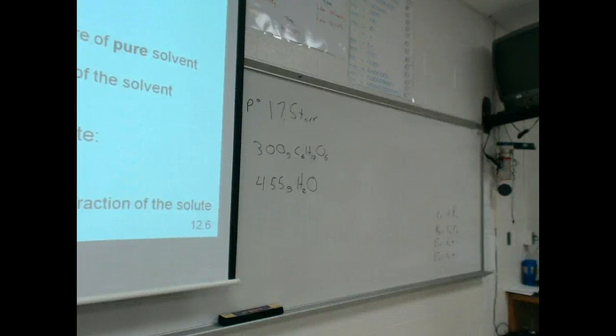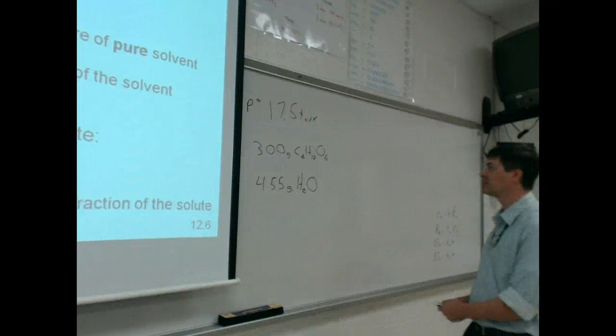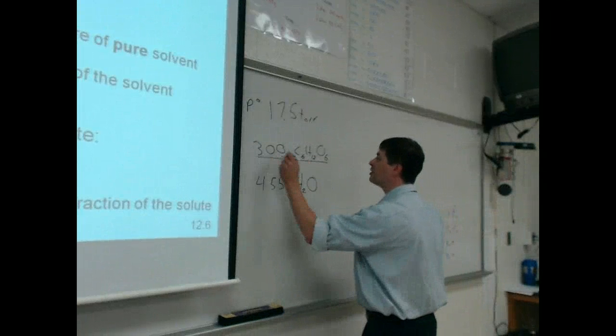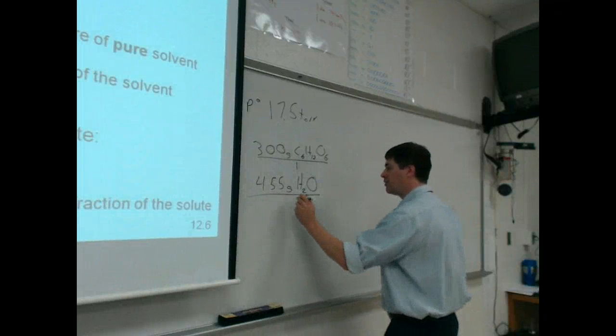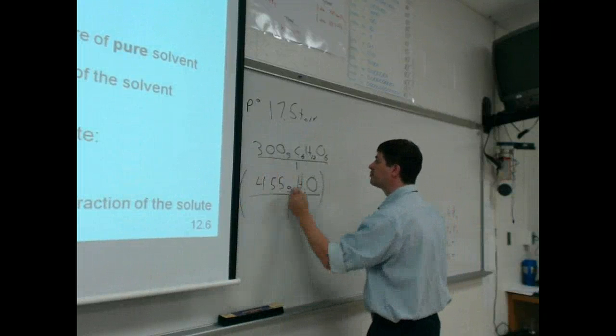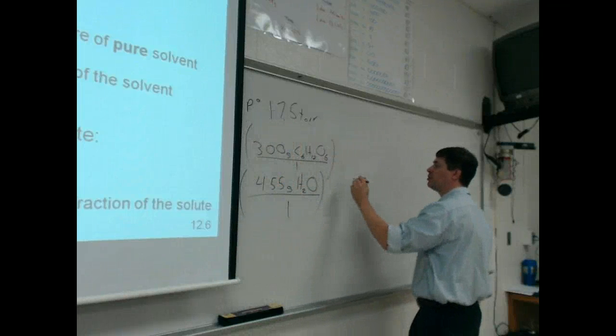No, there's no volume here. Not molality. We just need to know the fraction by moles that is water. So we got to convert to moles. So we got 300 grams of glucose and 455 grams of water. Let's convert them to moles.